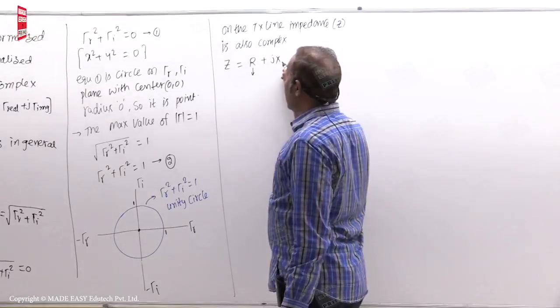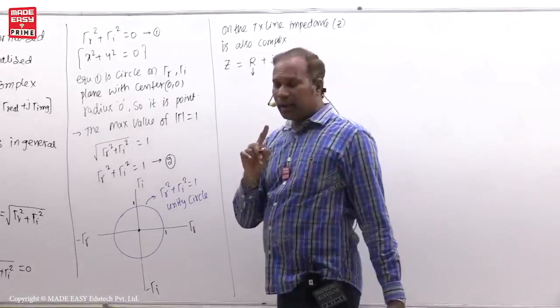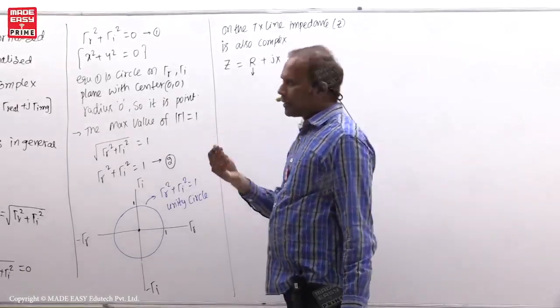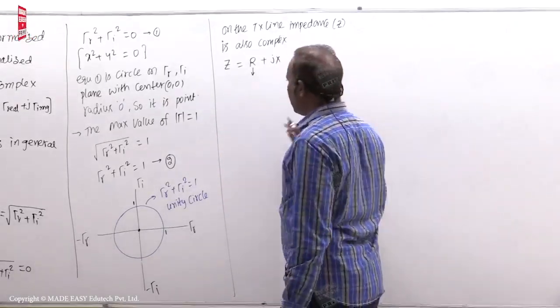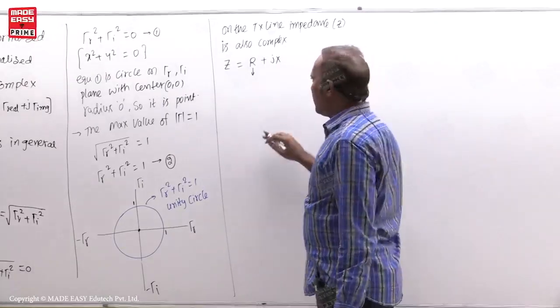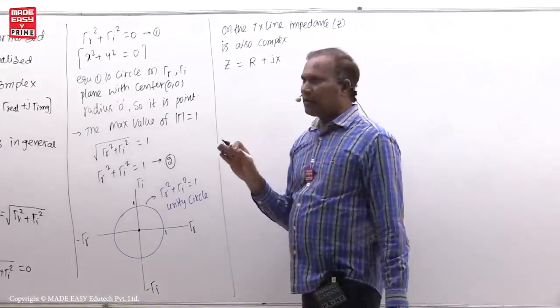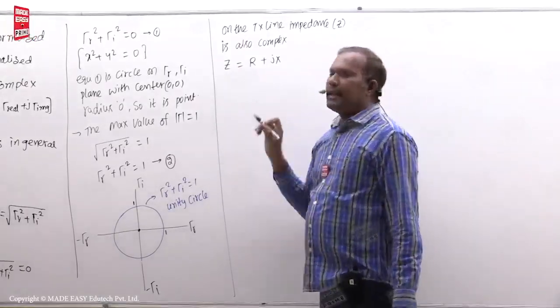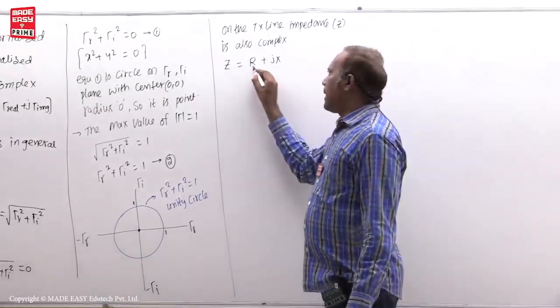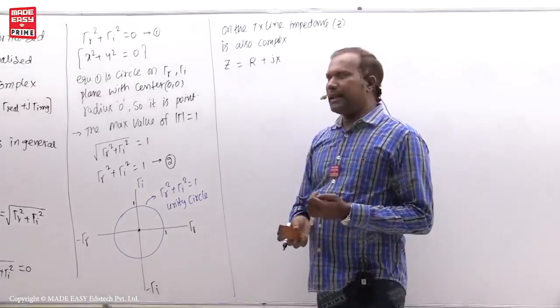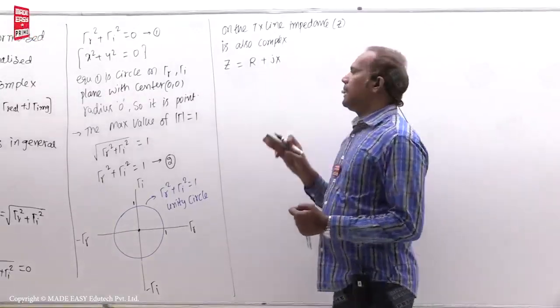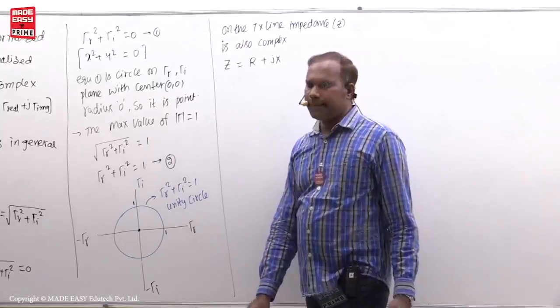So this is resistance, this is reactance. I am not writing everything, if you want you can write. I can't write everything, students, because the board will be filled up. So students, Z is complex impedance, R is resistance, and this X is actually reactance.